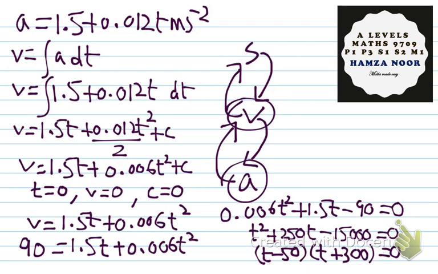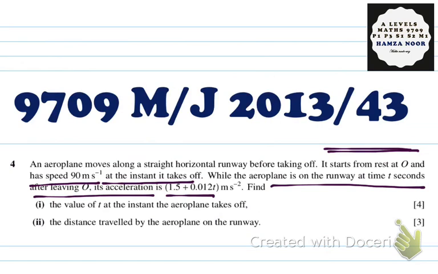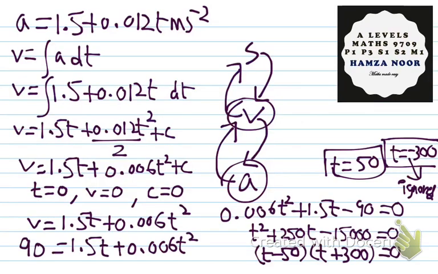It's very important. So t will be either 50 or minus 300, and since time cannot be negative, it is ignored. So your only answer is t equal to 50 seconds. Basically the aeroplane takes off when the time is equal to 50 seconds.